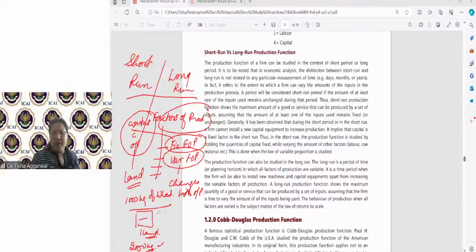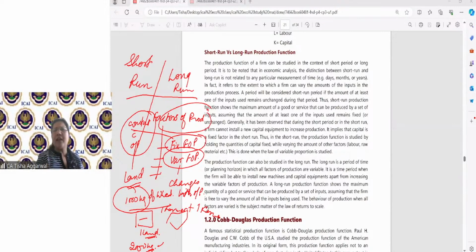No. But maybe one farmer will not be enough to cultivate it. I require one more farmer, because initially I had just 1,000 kg of wheat's demand. Now, because the demand is increasing, I can easily increase the number of labor to increase the production. That is known as the variable factor of production.